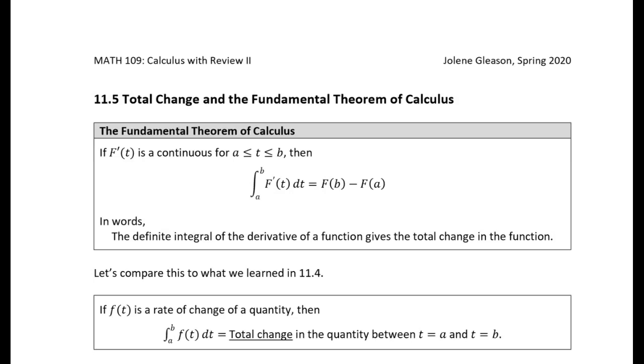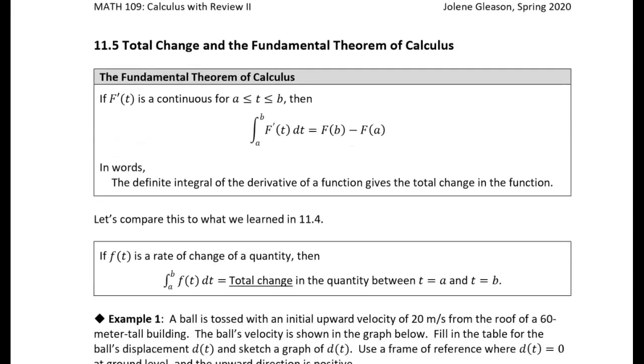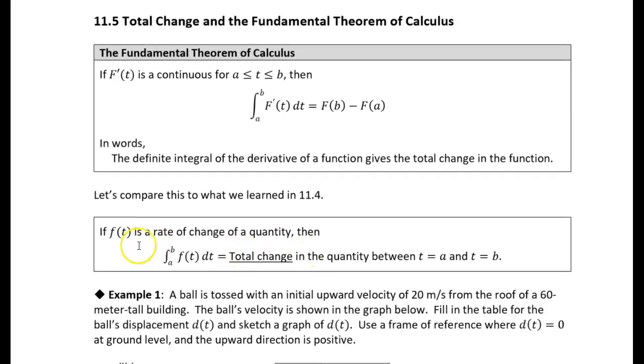Okay? So in other words, the definite integral of a derivative of a function gives the total change in the function. Which, if you remember from the last lecture, we said that if f of t is the rate of change of a quantity, then the integral of that rate of change is the total change between a and b.